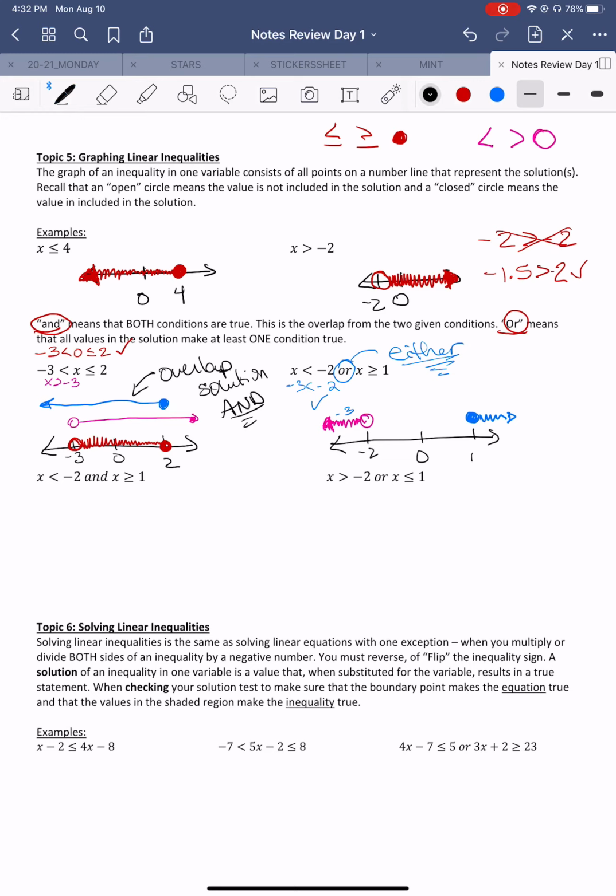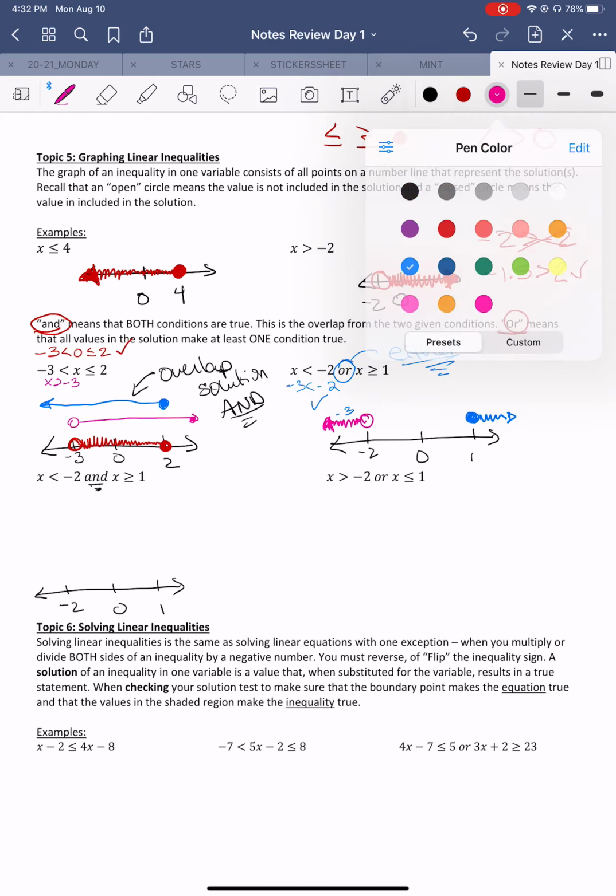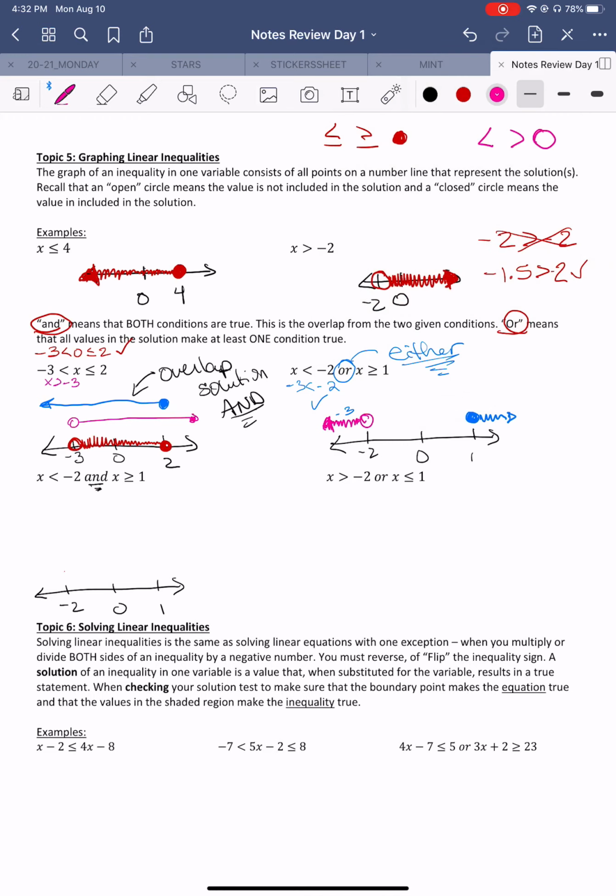Down at the bottom, our third example, we have x is less than -2 and x is greater than or equal to 1. Starting with my number line, -2, 0, 1. Now, this is an and statement, so we need to be careful when we're graphing. Starting with x is less than -2, open circle, everything to the left, and then x is greater than or equal to 1, closed circle, and everything to the right.